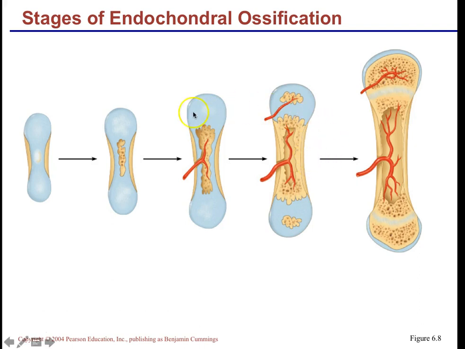So it first happens here in the diaphysis, so it's called the primary ossification center. This is still in the fetus. And then the top and the bottom, you're going to have blood vessels invade thereafter. And those are going to be your secondary ossification centers. They should have a blood vessel down here, but they don't.